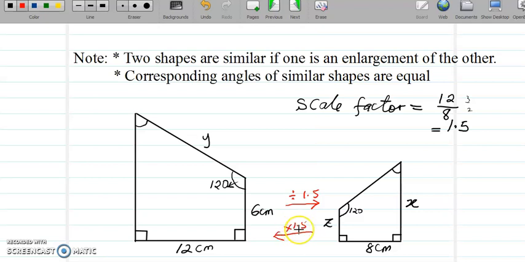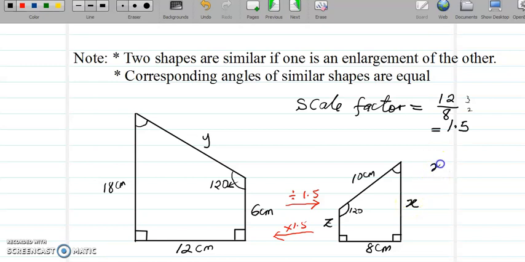Now in this case, maybe I have here to be 10, and here to be 18. For me to find the x value, the large corresponding side is 18, and I want to reduce it to the small size, which is x.